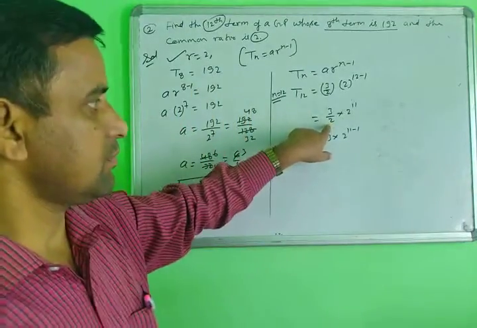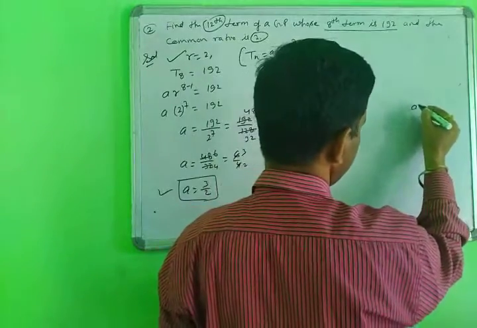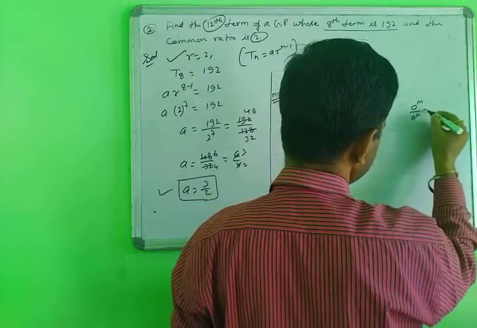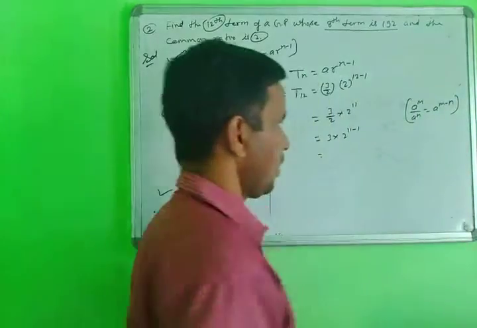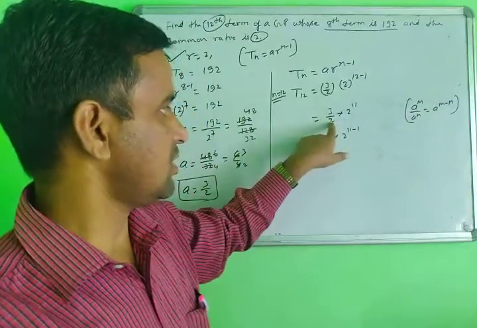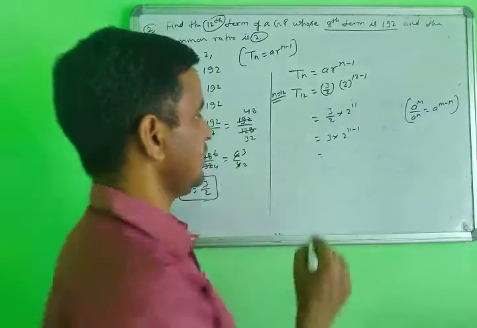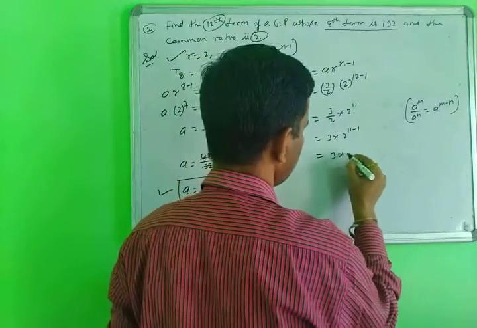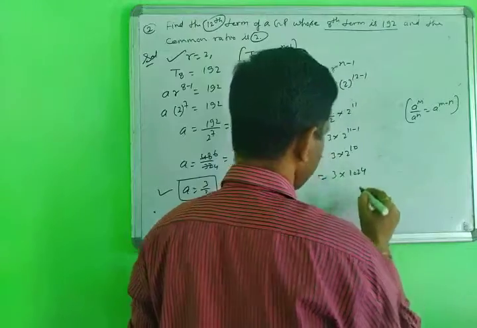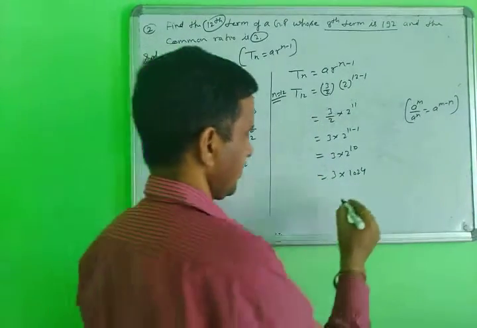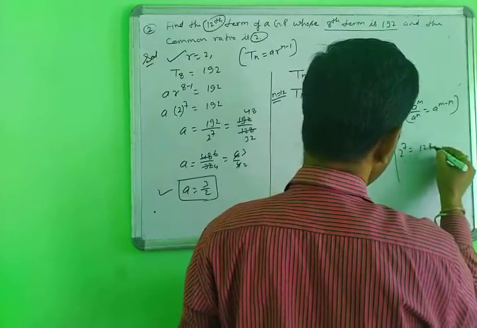Because using the law of exponents, a^m upon a^n equals a^(m minus n), the exponent of the denominator is 1, transposing it to the numerator gives minus 1. Then 3 into 2 exponent 10, and 2 exponent 10 is 1024. We know 2 exponent 7 equal to 128.